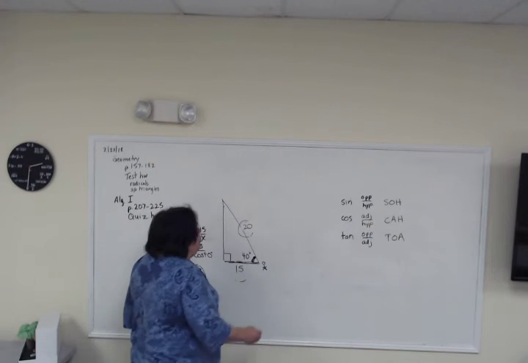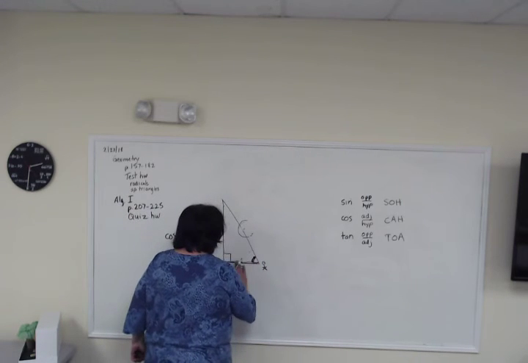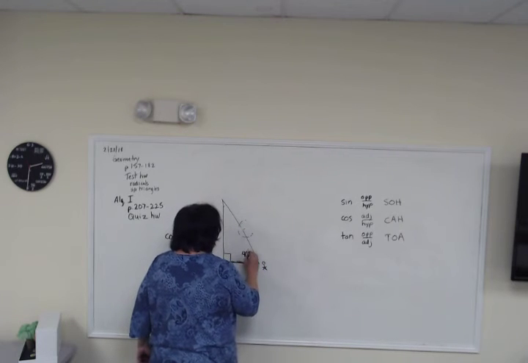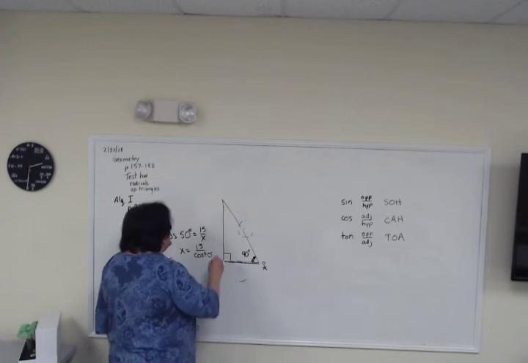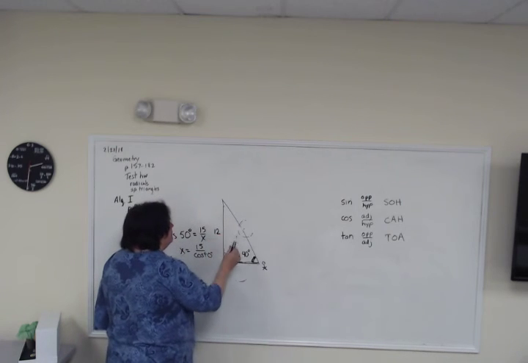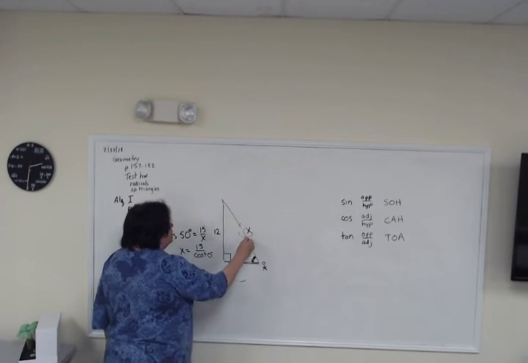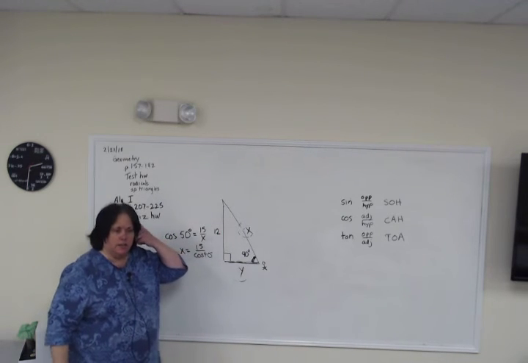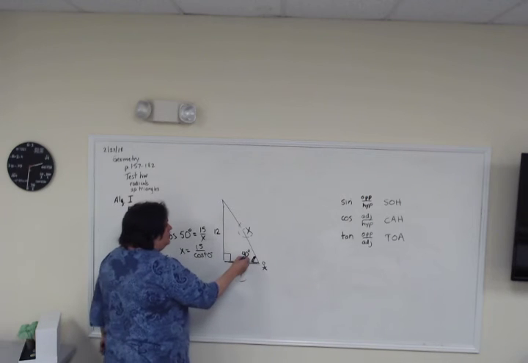So now, what if I had a 40-degree angle, and this is 12, and I want to know these two sides. Let's first of all deal with x. I have my angle. You would use sine.